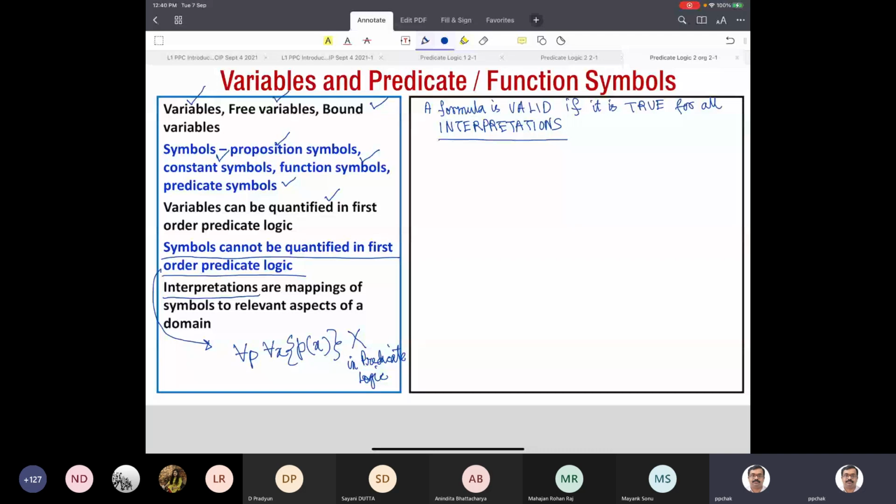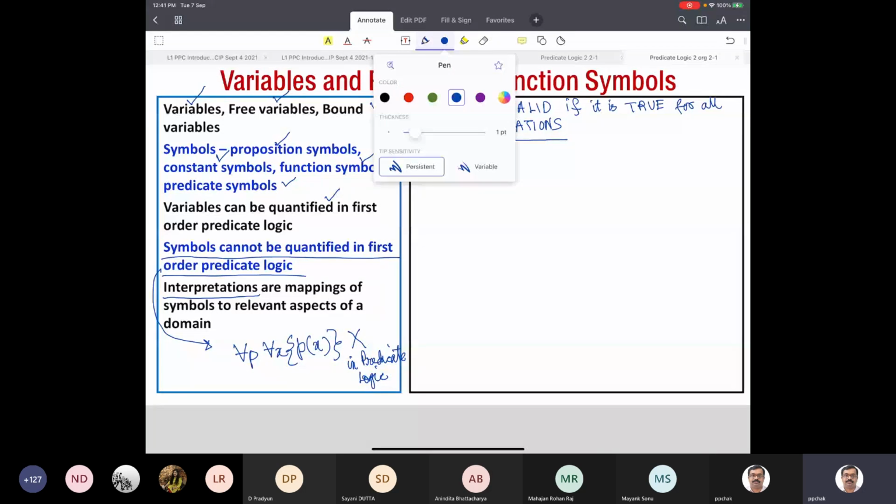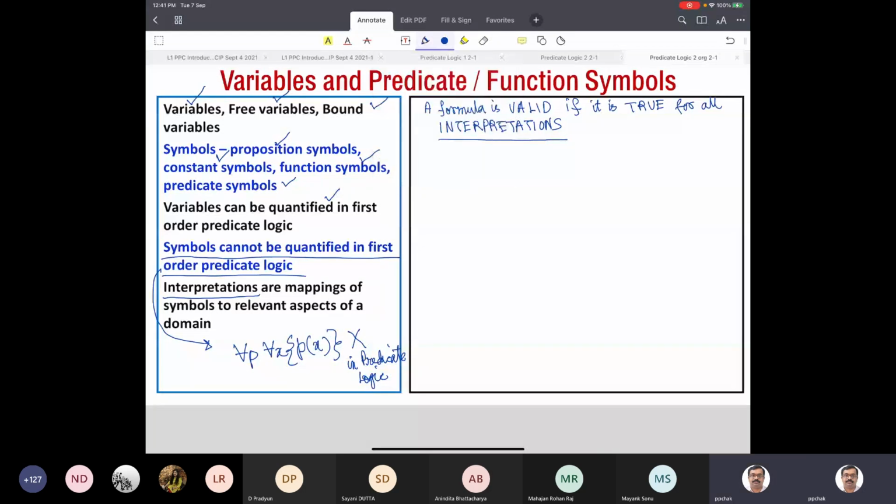It is important for you to grasp what we mean by an interpretation. To define an interpretation, our first thing to do is to define a domain. So for any interpretation, we have to first define a domain D.